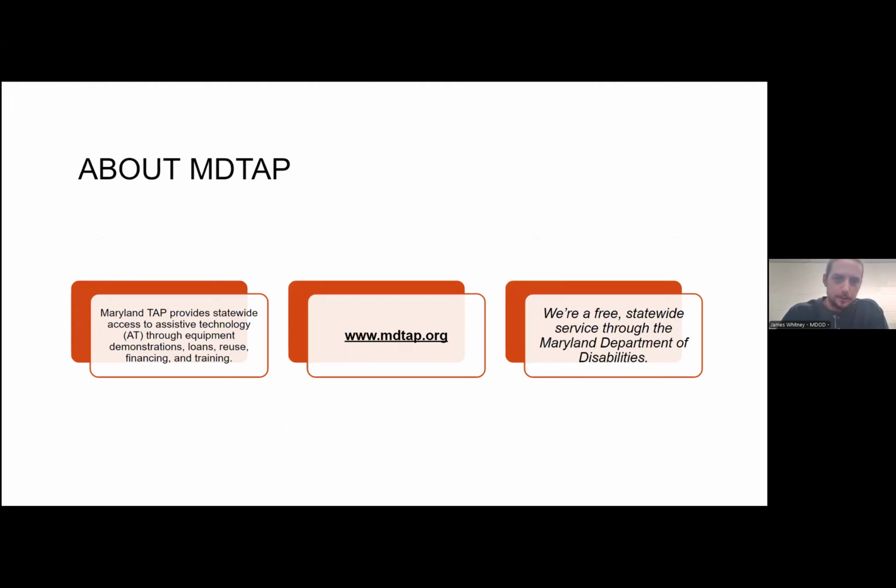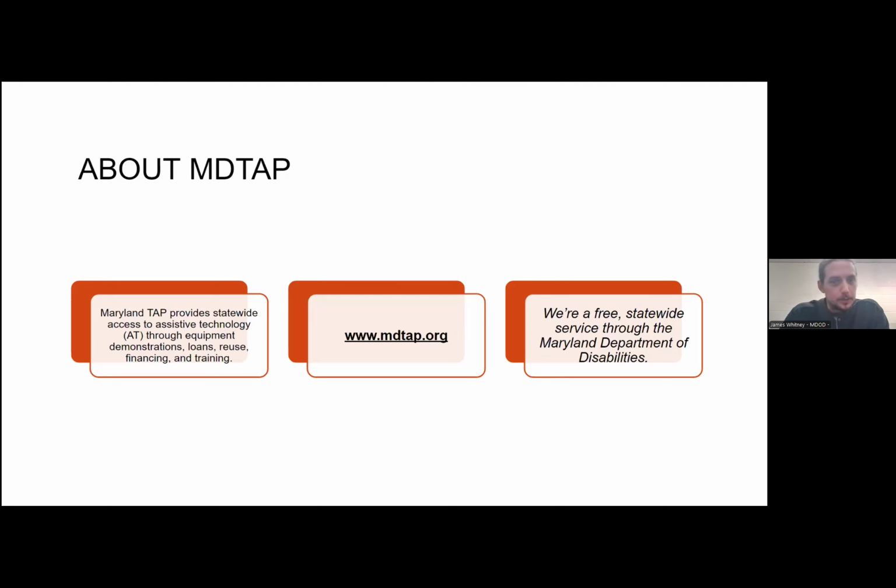We serve the entire state of Maryland, all ages, all disabilities, and we wear a few different hats. We do demonstrations and loans of AT devices. I am in our AT library today, which is where we house a lot of our assistive technology devices.